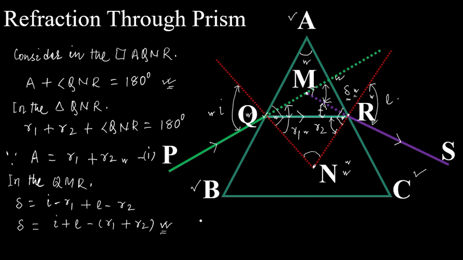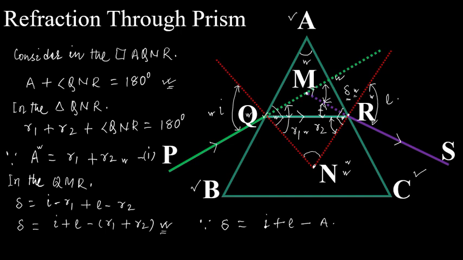So angle of deviation will be I plus E minus the sum of R1 plus R2, equal to A according to equation number 1. So we write down here A. At the minimum deviation, we find out what is the expression of refractive index.